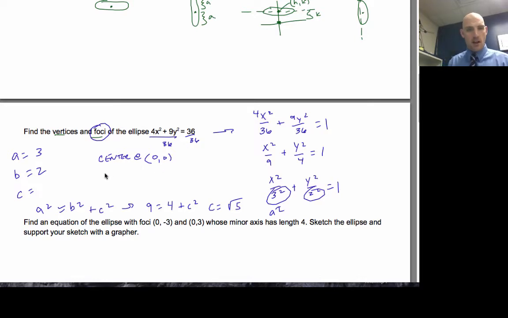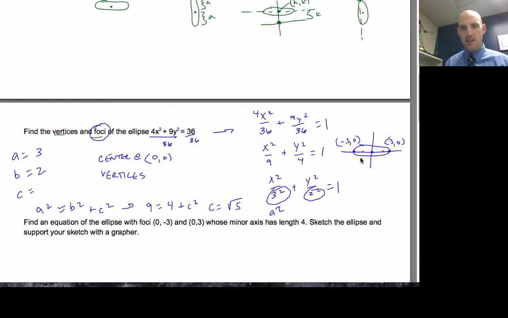So that means my vertices, and take a look at this. If my big number is 3, 3 squared, is underneath my x, that means it's an x-axis ellipse centered at 0, 0. And if my A value is 3, that puts my vertices at 3, 0 and negative 3, 0, because A is 3, which puts my vertices and my foci in this relationship.